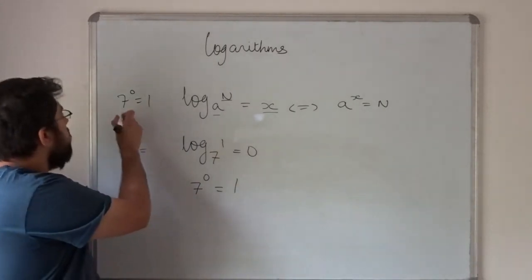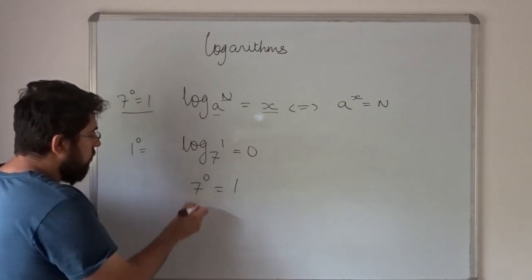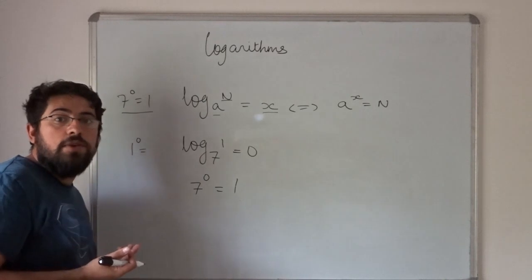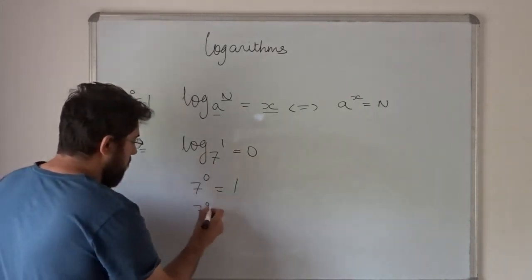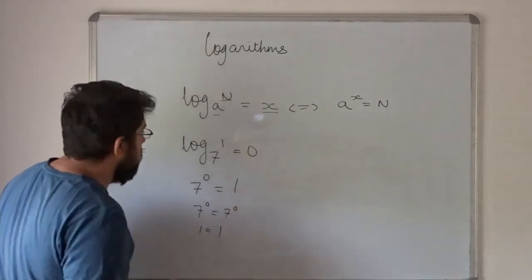So whenever you get a 1 over here, just look at whichever base is here, and make sure the exponent to that base is 0. So this will become 7 to the power 0, which equals 7 to the power 0. So 1 equals 1.